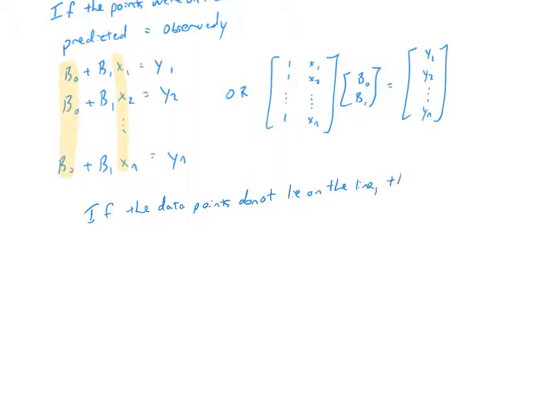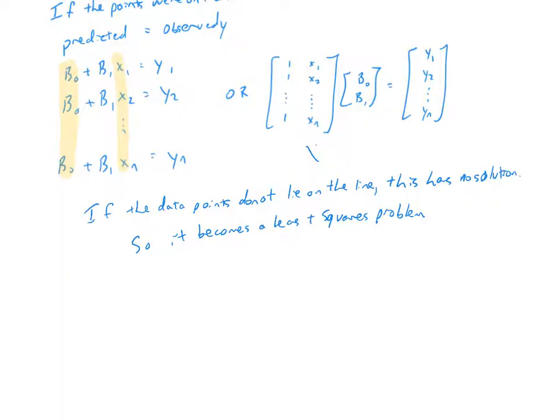Right? This has no solution. So what happens? It becomes a least squares problem. How do we solve a least squares problem?